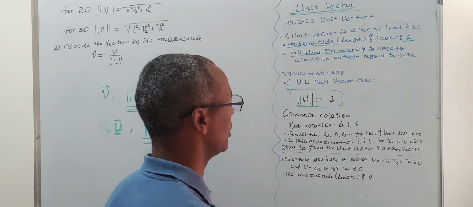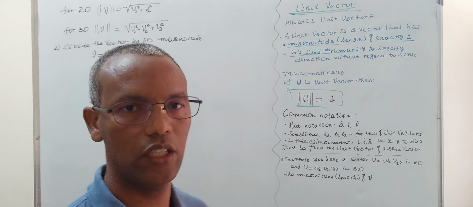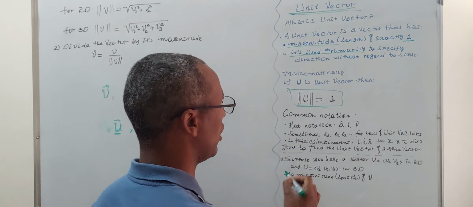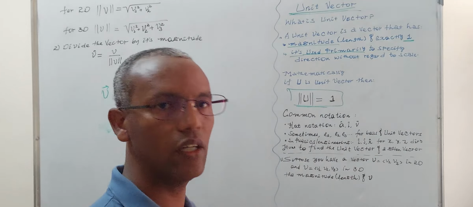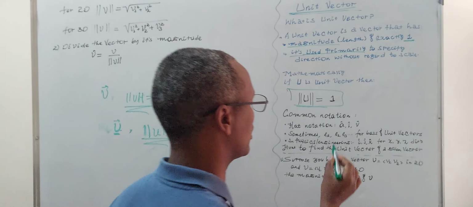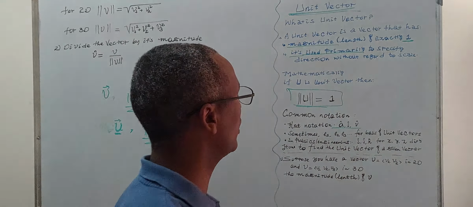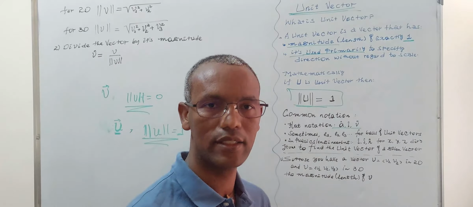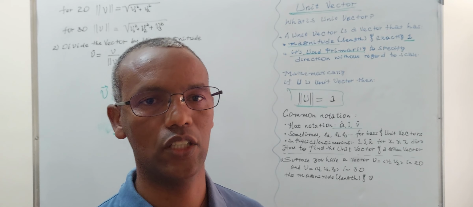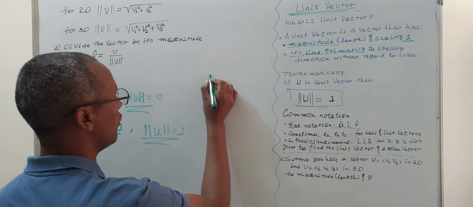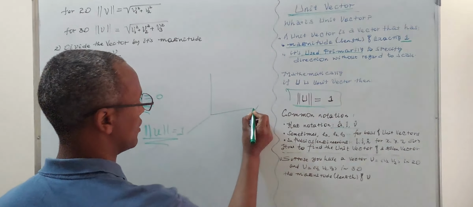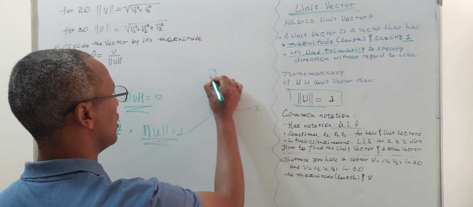There is a common notation, or we can represent it in a different way. We can use a different symbol or letter to represent a unit vector, like i hat, j hat, k hat, which is for the Cartesian coordinate system. Let's say you have an x, y, z coordinate system. This is x, this is y, and this is the z coordinate.